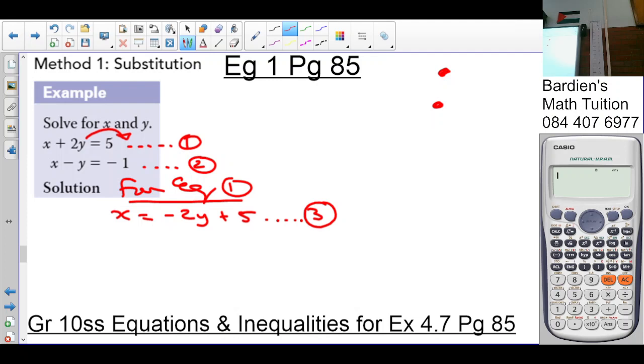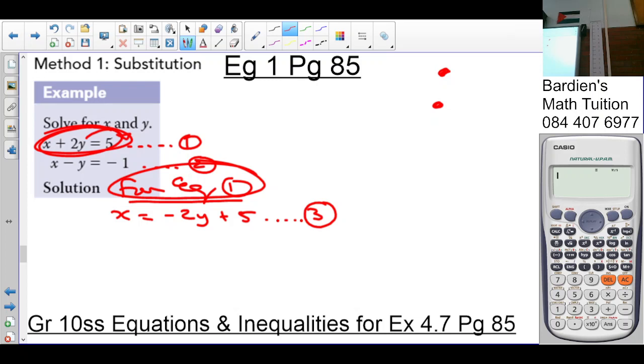Okay, you guys understand? Well, what are you confused about? Third equation. Sorry? Where is it coming from? I wrote here, from equation 1. From the first equation. It's coming from here. What did I do? I made x the subject of the formula.